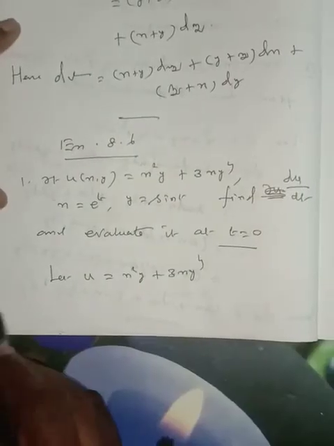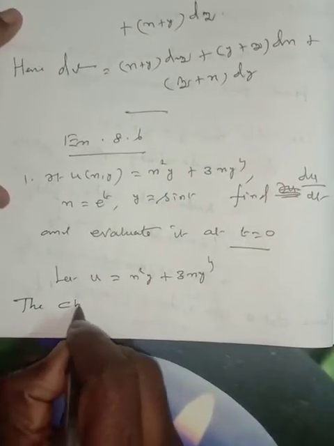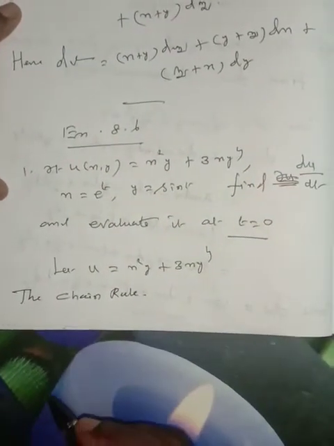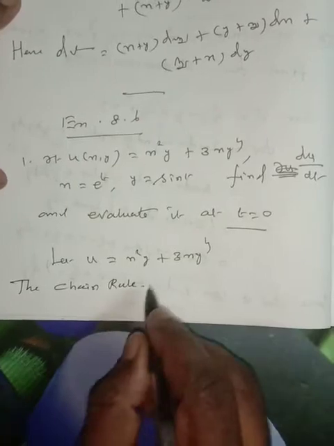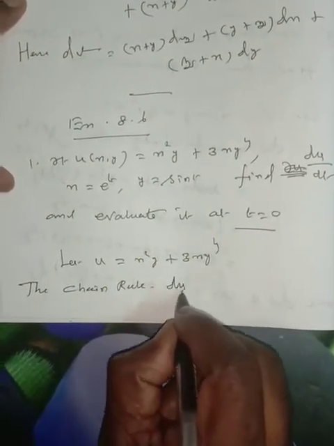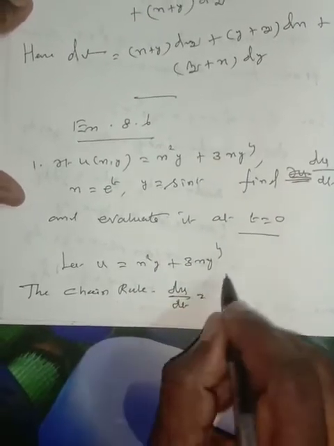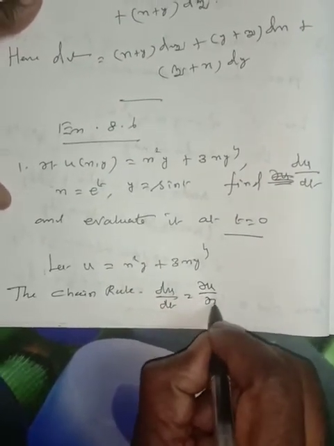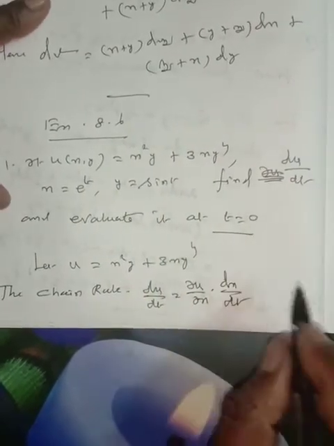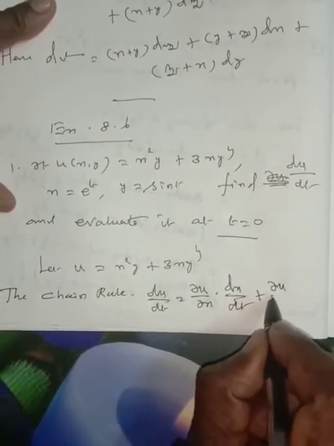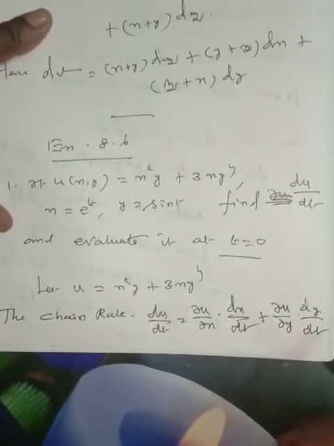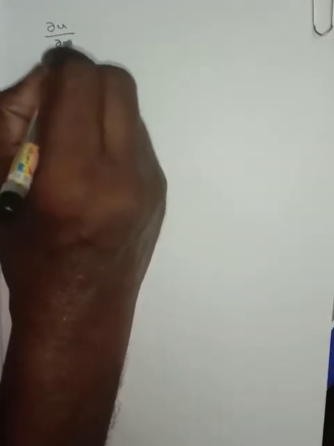The chain rule of two variables is du by dt is equal to dou u by dou x into dx by dt plus dou u by dou y into dy by dt.